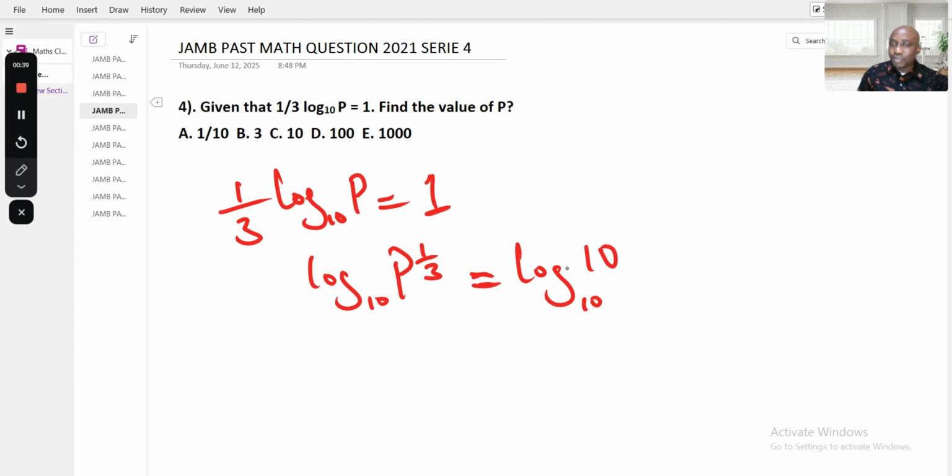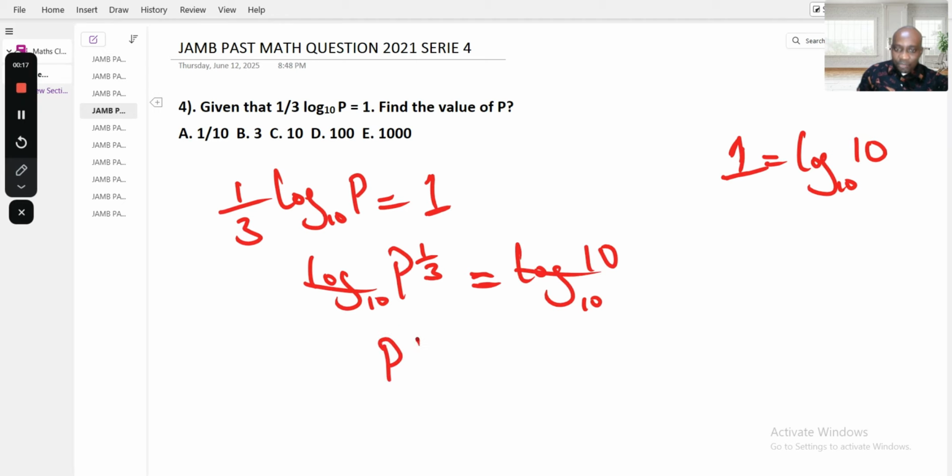Therefore, we are going to replace this 1 with log 10 over log 10, because 10 divided by 10 is going to give you 1. Now we have to replace it back. Now log 10 and log 10 cut out each other.